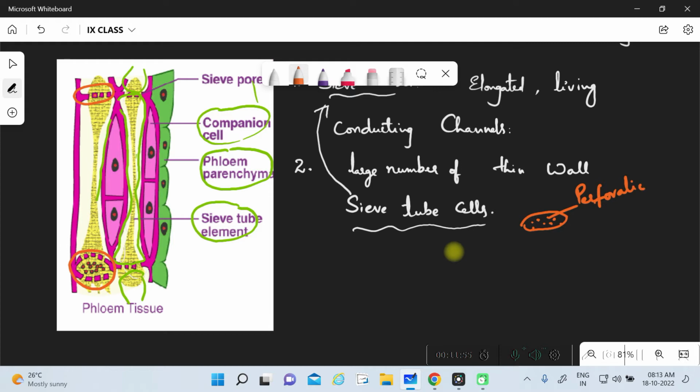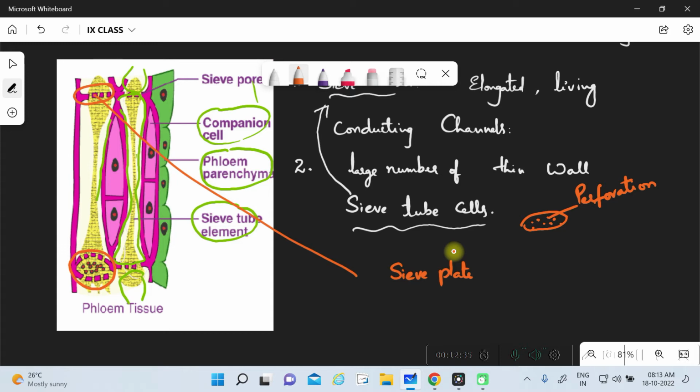So the transverse end walls of sieve tube cells will have perforations. These perforation-containing end walls are called sieve plates. So a sieve plate is nothing but the end wall of a sieve tube cell that has perforations.